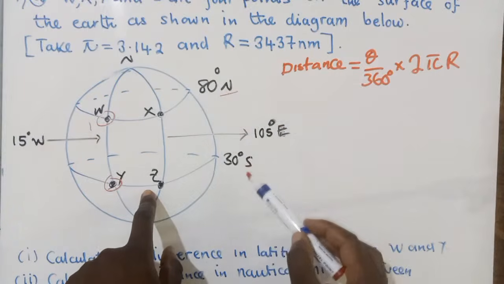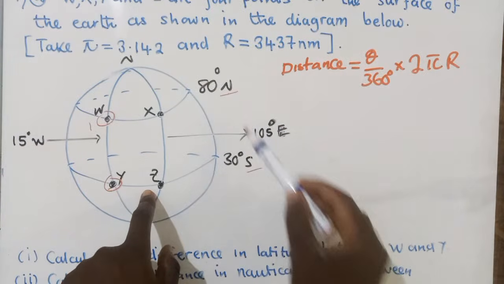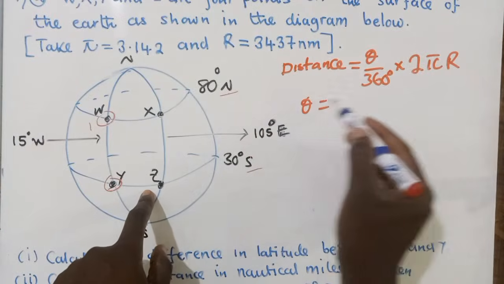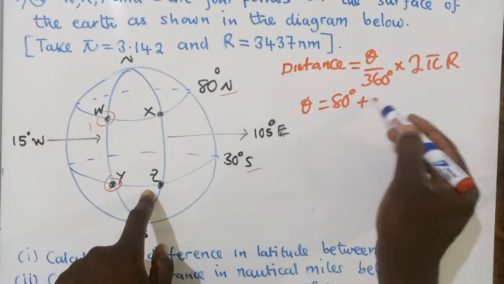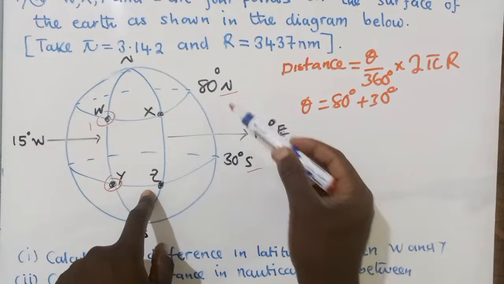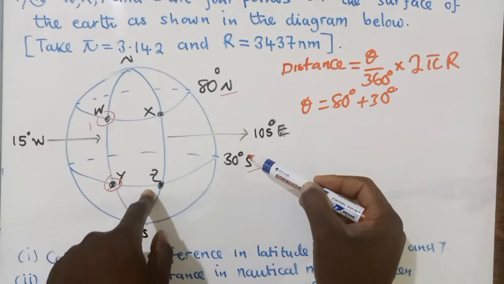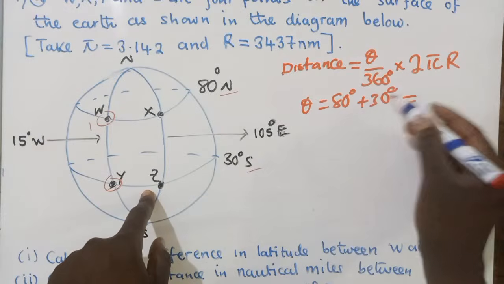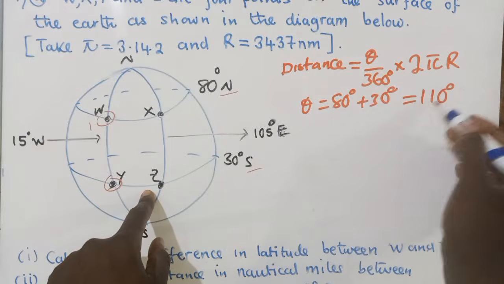This is north, and here it's south, meaning they are different. If they are different, for you to find the theta, you need to add 80 degrees plus 30 degrees. If the signs were the same, like north, north, it would have been subtraction. Now it's north, south, so when we work it out, our answer is 110.